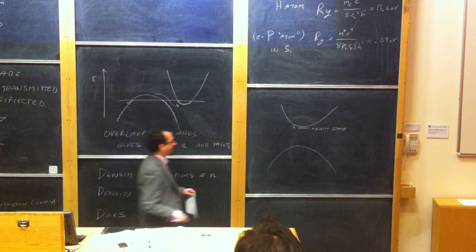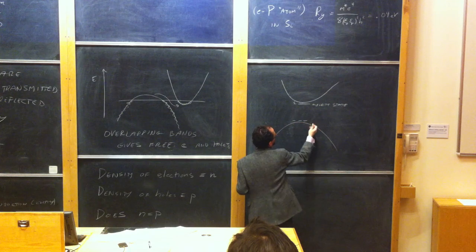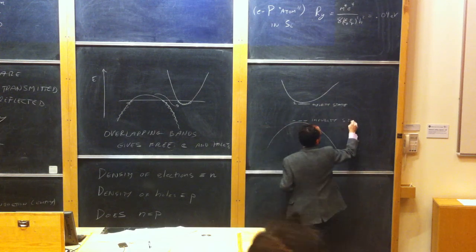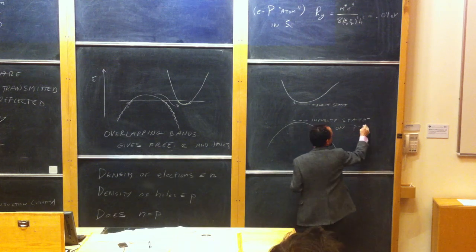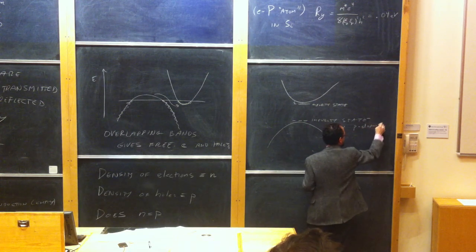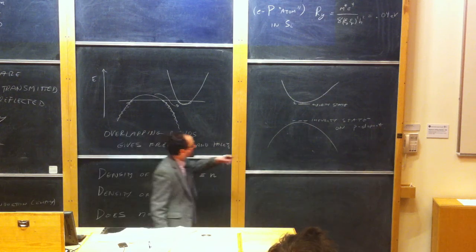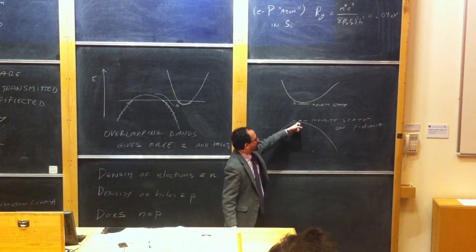Similarly, for boron, in the case of a p dopant, you would have a hole impurity state here, which again has exactly the same properties. The hole sits up here on the impurity state.